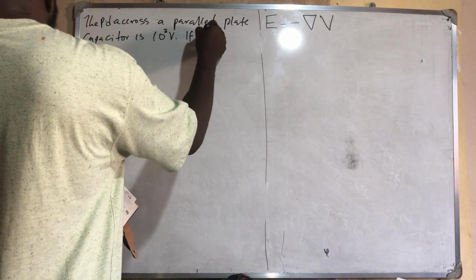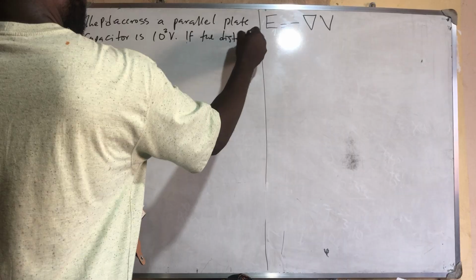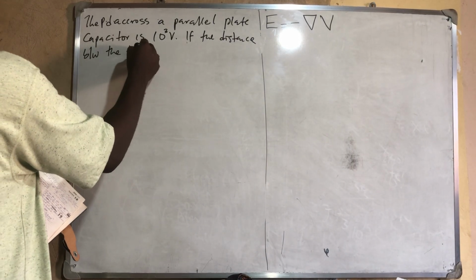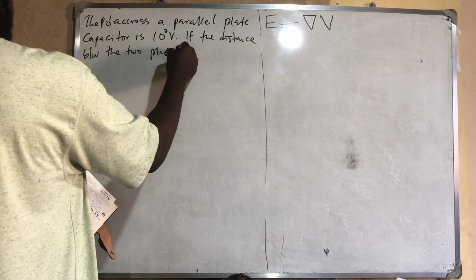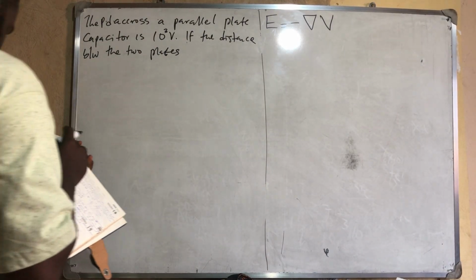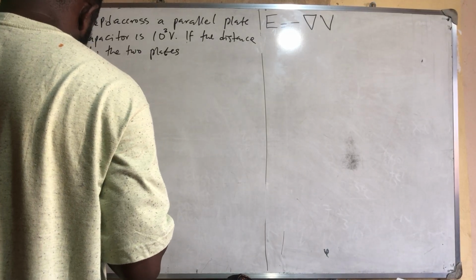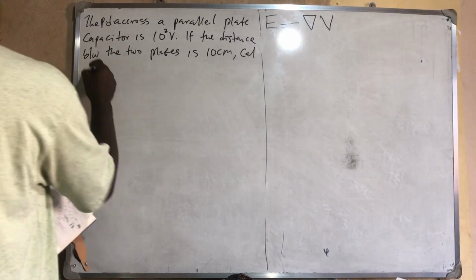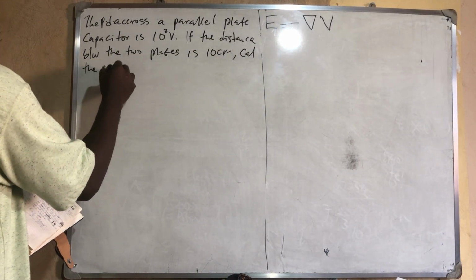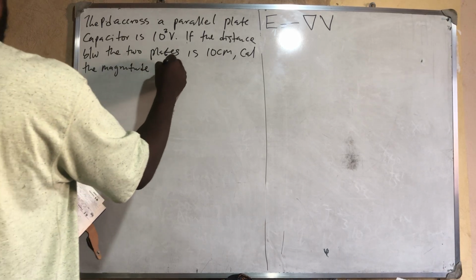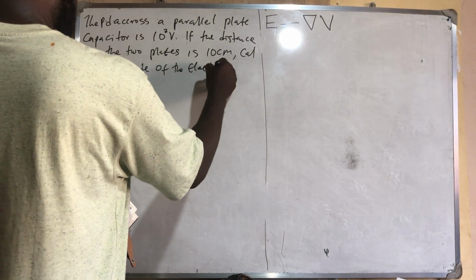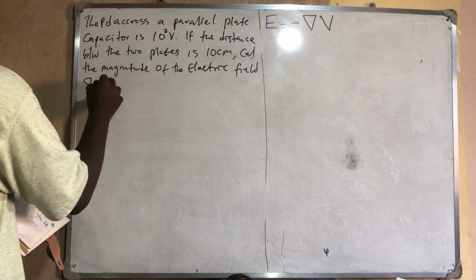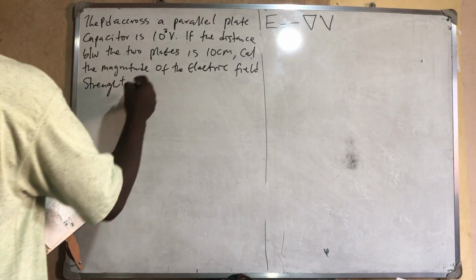If the distance between the two plates is 10 cm, then calculate the magnitude of the electric field intensity or strength between them.